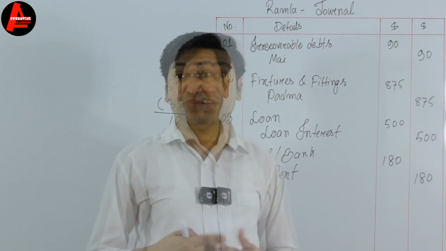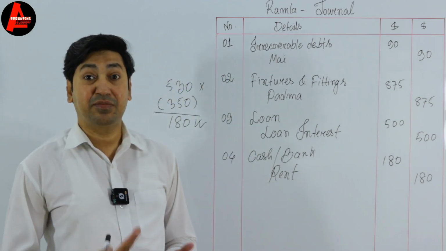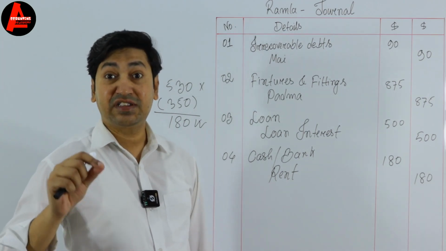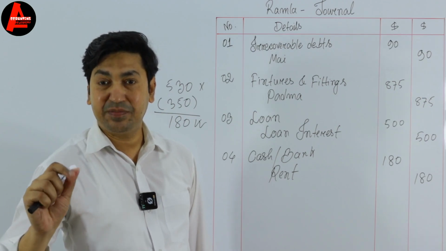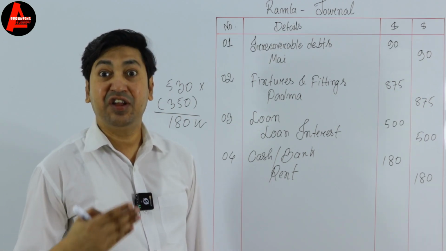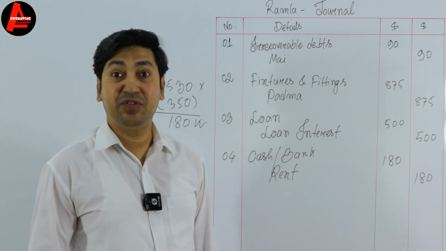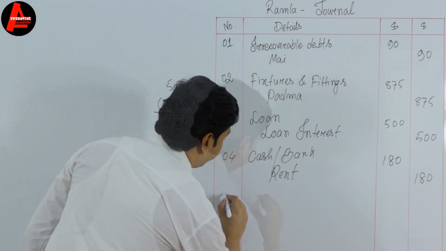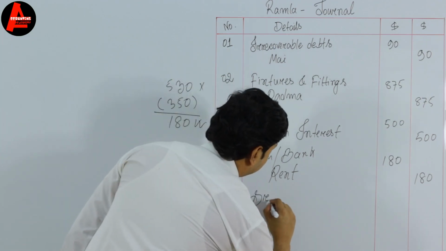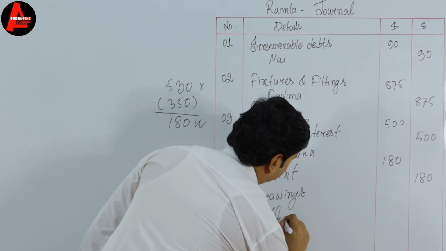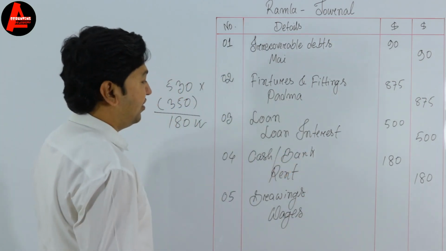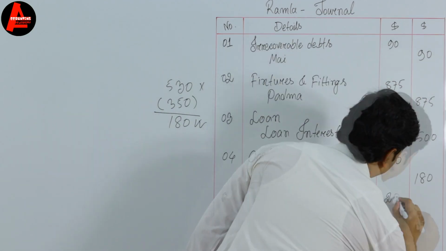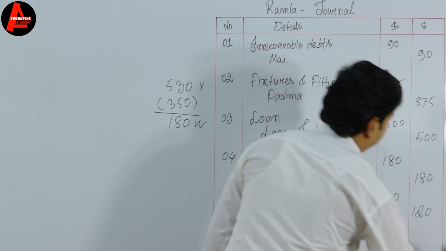Wages are not supposed to be here, but mistakenly it is written. So to rectify now, wages will be credited, and the correct account, drawings, will be debited. So let us write here number 5, drawings account to be debited and wages account to be credited. The amount is 120 on the debit and the same amount on the credit column.